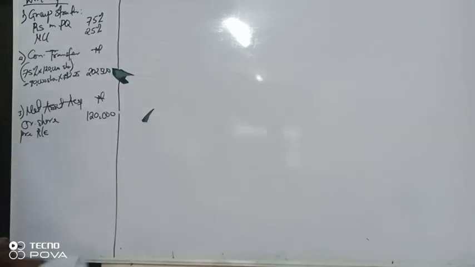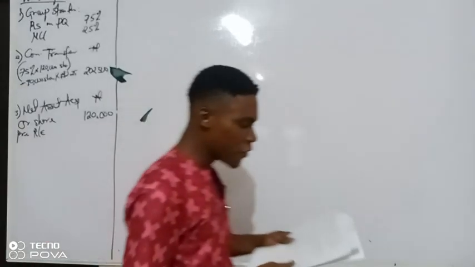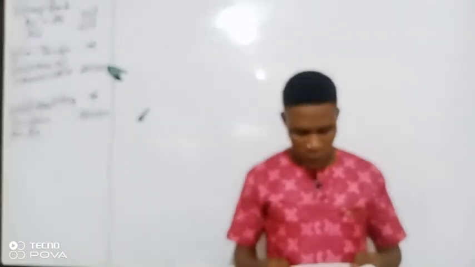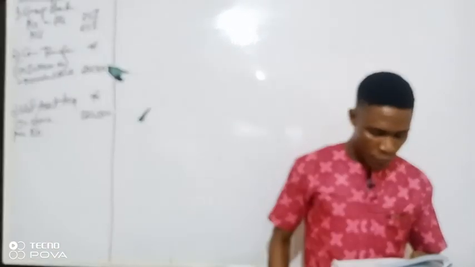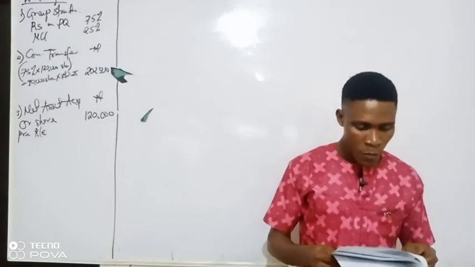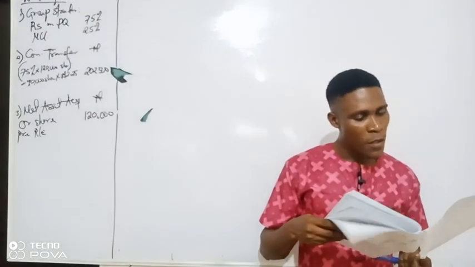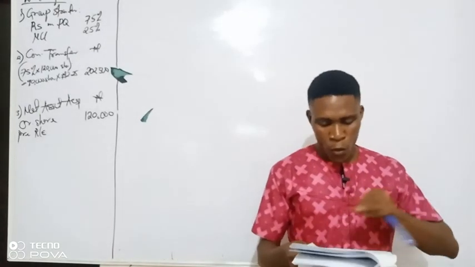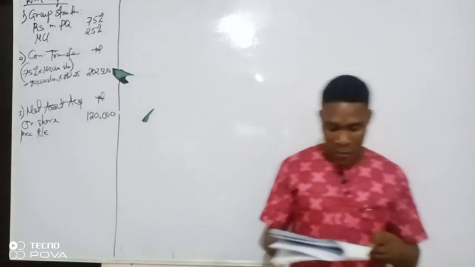The retained earnings is not given to us expressly, but if you are very diligent, go to the comprehensive income in the question. We were told the profit for the year, I'm reading for PQ now, is 45,000.